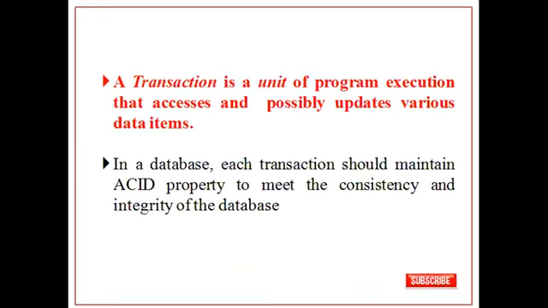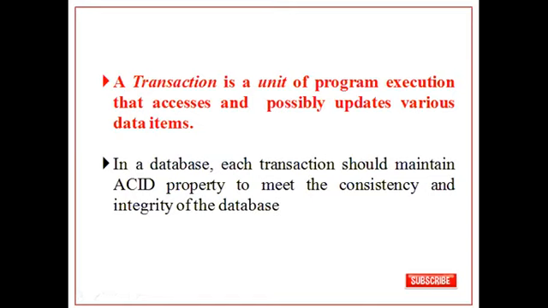As I discussed earlier in my previous video, I gave the definition of a transaction and one example. A transaction is a unit of program execution that accesses and possibly updates various data items.